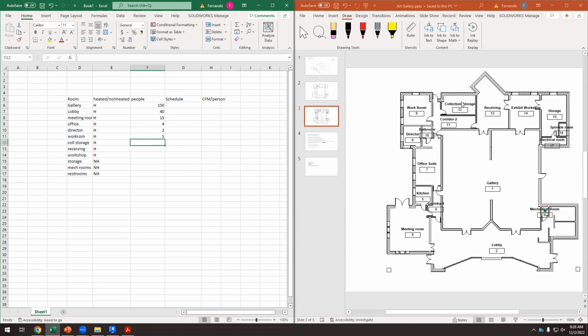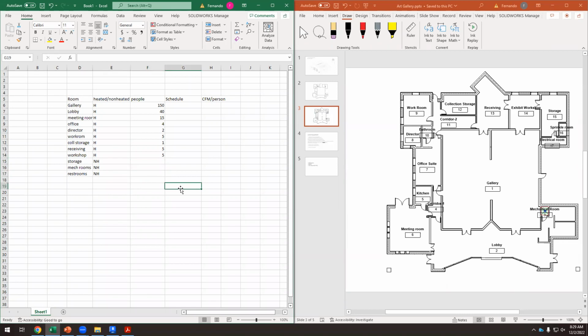This collection storage, maybe 1, because it's a grader or someone working here, not a lot of people. In this receiving area, let's say 5 people. Exhibit workshop, 5. For the storage and the restrooms, we don't have people, or we are not considering this because it's a non-heated system.